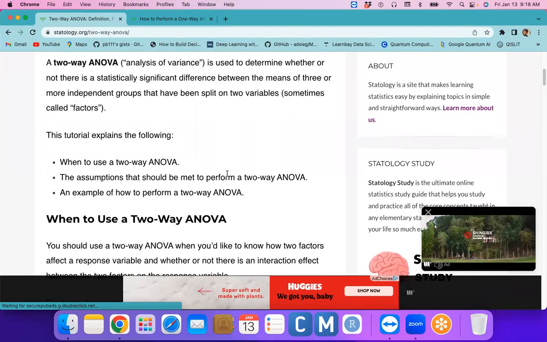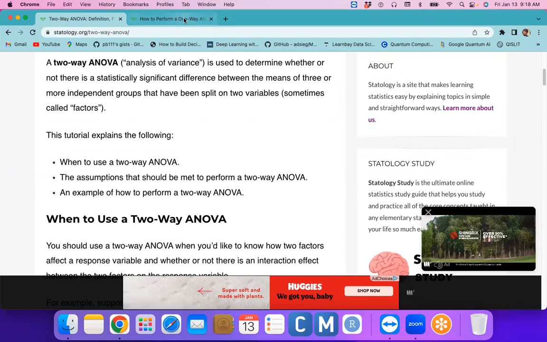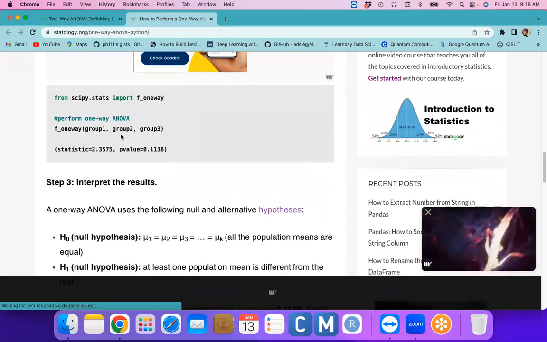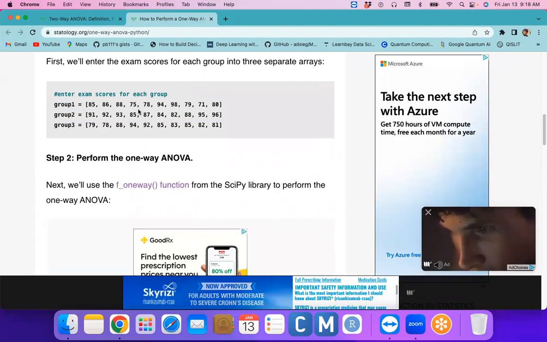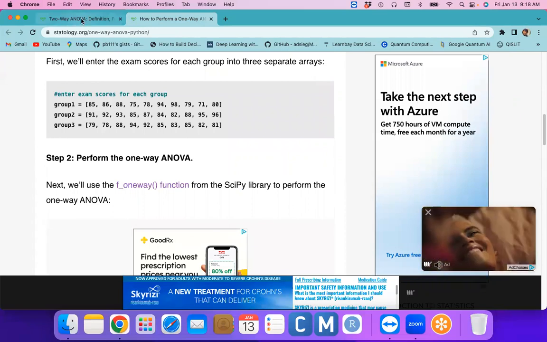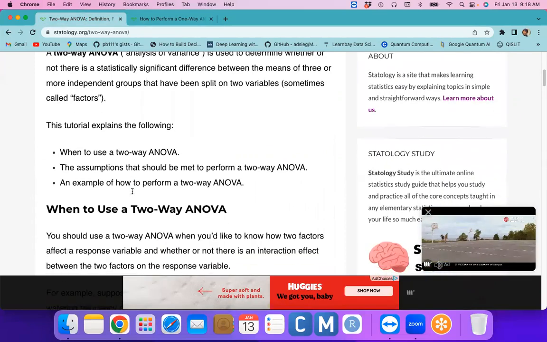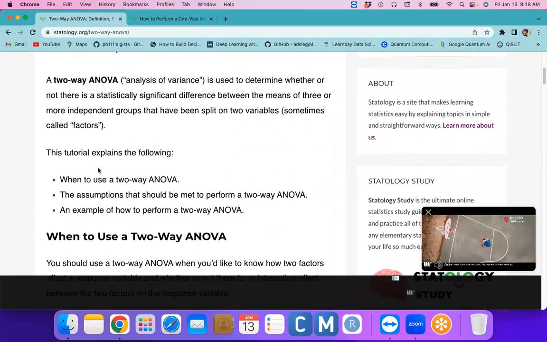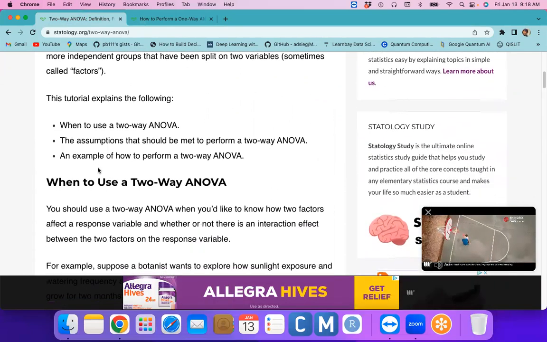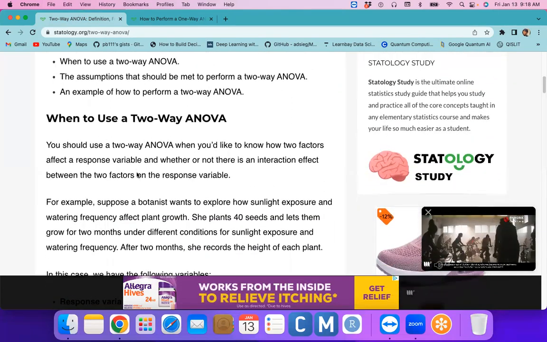Factors in the sense, previously we had numbers in the groups, right? Factor in the sense, the variable might have some kind of categorical data. When we have categorical data, we call it factors. When we have factors, then I want to go ahead with the two-way ANOVA test.